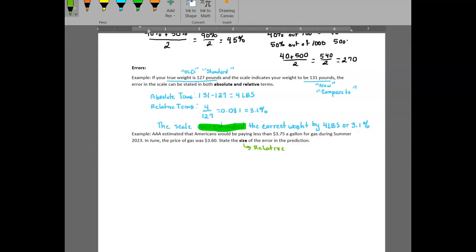We have to figure out the absolute so that we can find the relative, but we can do this in one step. So we now have to figure out which one is the correct value and which one is the estimated value. So AAA estimated that, so this is the one that is the estimated or the guessing one. This is our actual one or our true one.